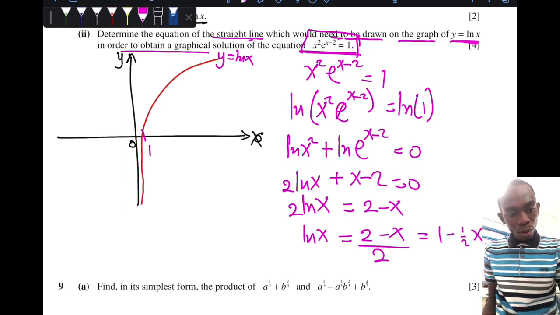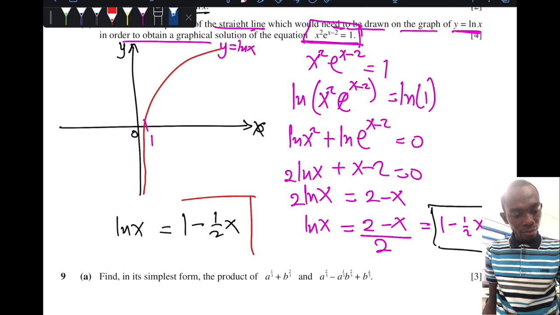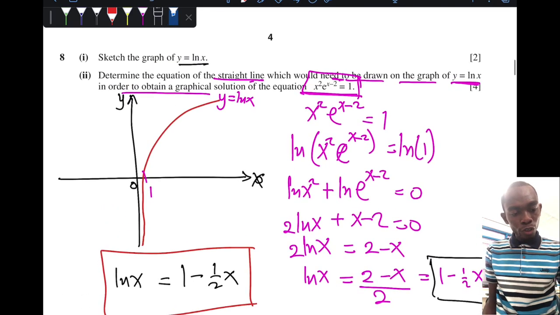Okay, but why did I do that? Why did I make ln x the subject? So it's like I have ln x is equal to 1 minus half x. Well, if you check the equation that was given, they asked you to sketch the graph of this.